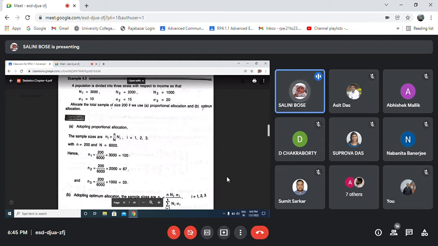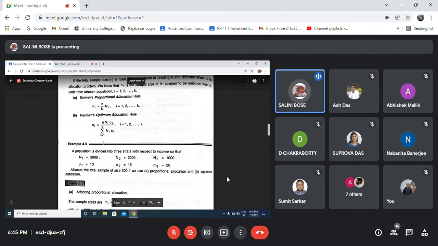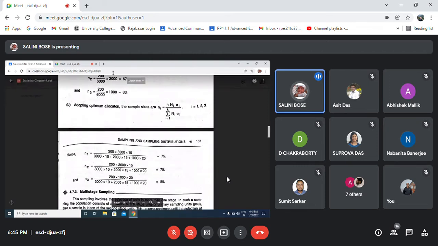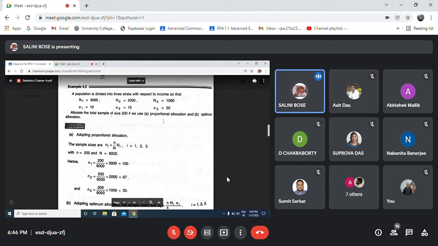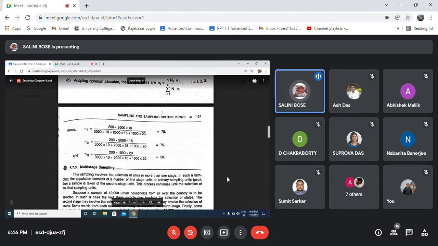And second is optimum allocation. In optimum allocation the formula is this. So in optimum allocation, you have to find out n1, n2, n3 for 3 strata. Just see, n1: small n is 200, and Ni for the first, N1 was 3000, and sigma i was 10, divided by the summation of Ni sigma i, i from 1 to k.